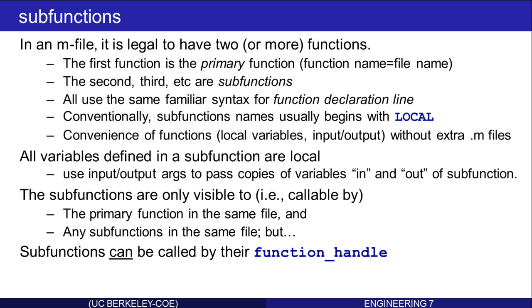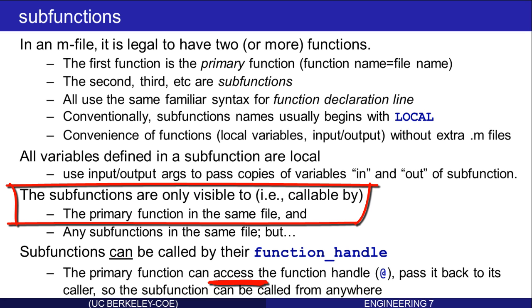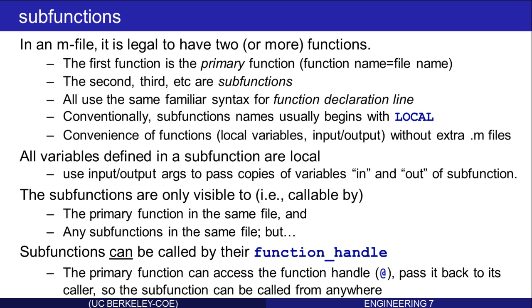However, subfunctions can be called by their function handle. The function handle can be accessed by the primary function and passed back to the caller. So actually, once the caller has that function handle, the subfunction can really be called from anywhere.